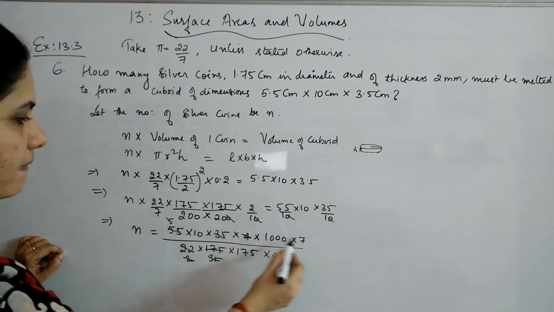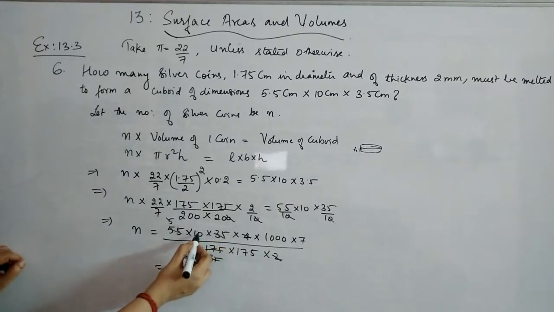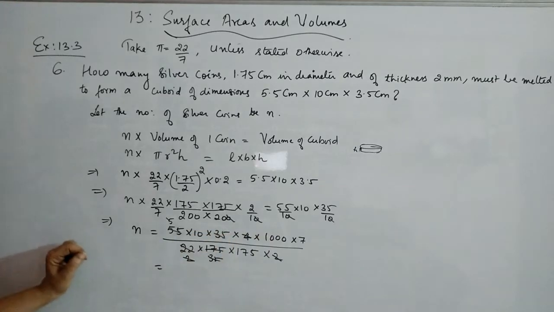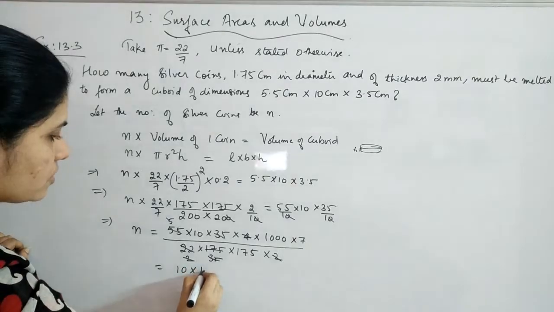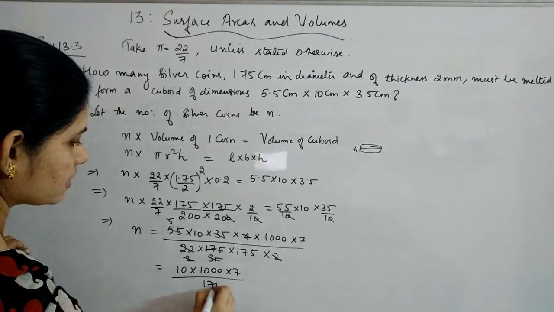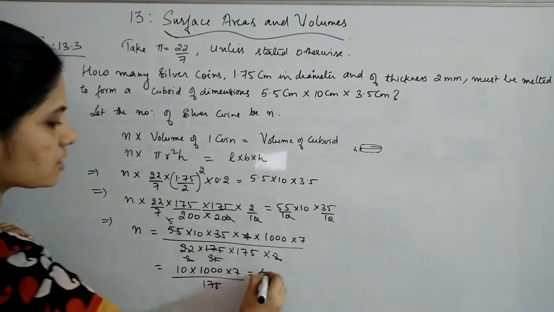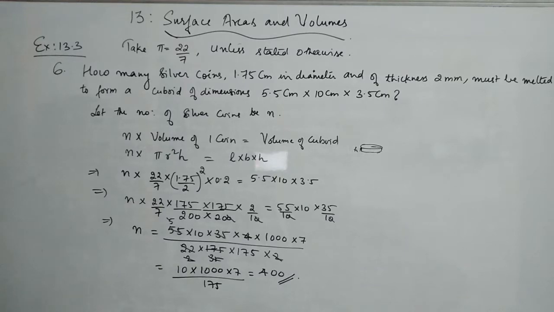So here you have 175 in the denominator, here you have a 10, then a 7 and 3 zeros. So 10 into 1000 into 7 divided by 175 will give you, after cancelling, 400. That means the number of silver coins which you can make from this cuboid is 400.